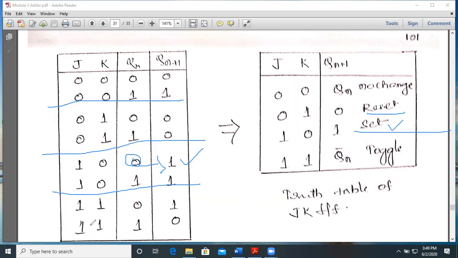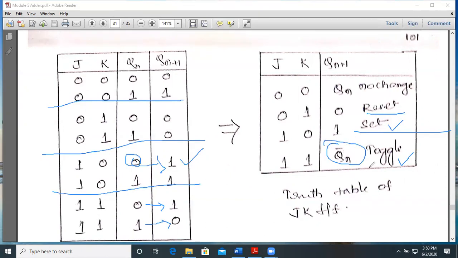So when both the inputs are 1, 1, if the previous state is 0, it will give the output as set state. If the previous state is 1, then it will give the output as reset state, that is 0. So in the truth table, we are showing that state as toggle, and the present state, whatever we get, is being written as Qn bar.